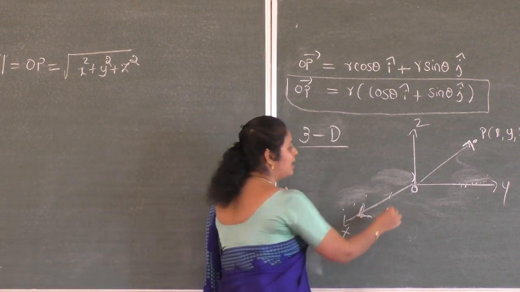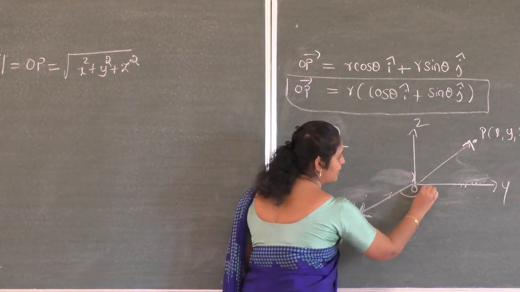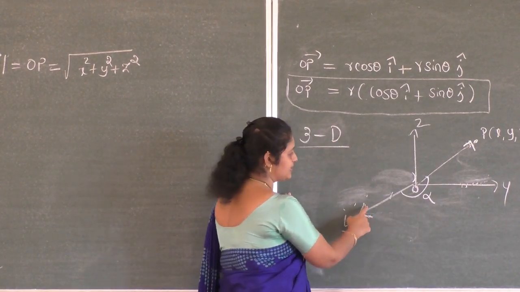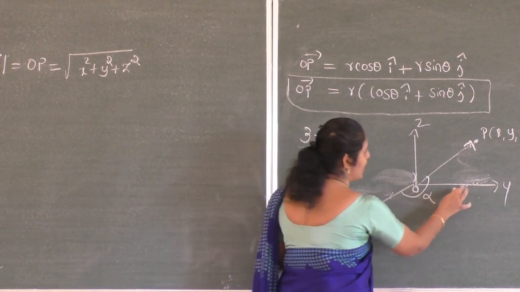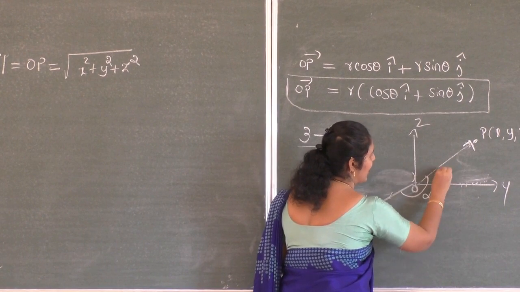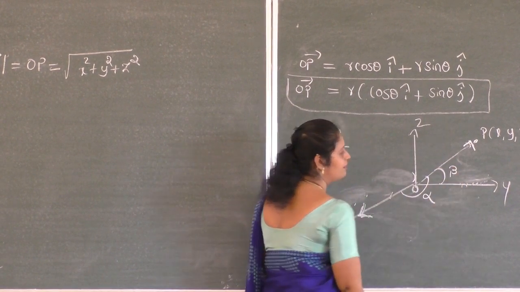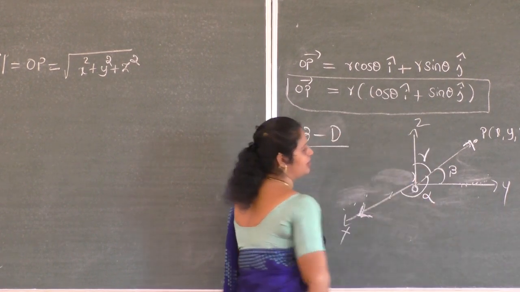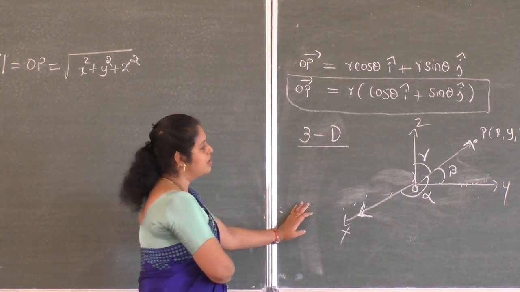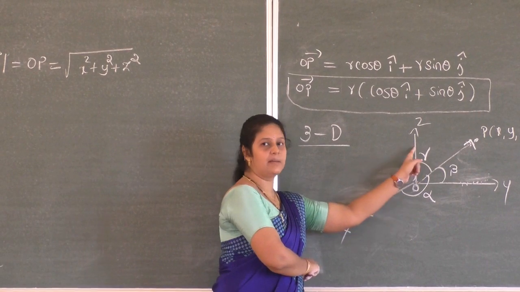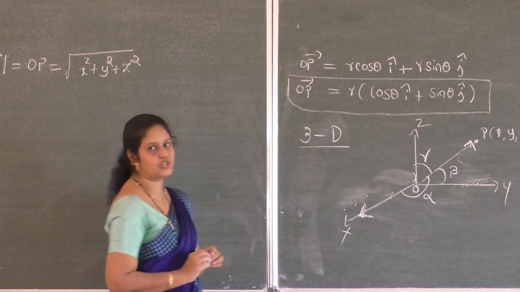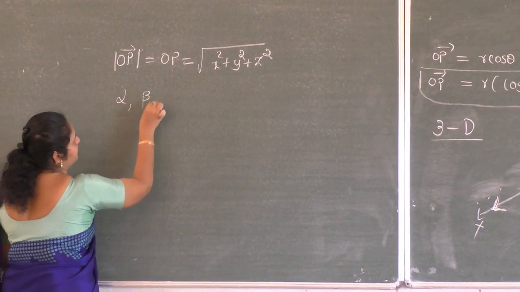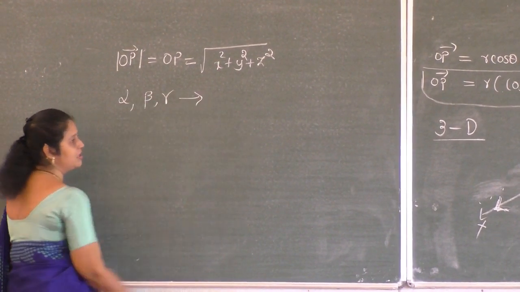This vector makes an angle alpha with the x-axis, the same vector makes an angle beta with the y-axis, and an angle gamma with the z-axis. So alpha, beta, gamma are called direction angles.